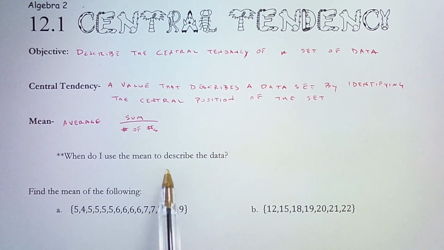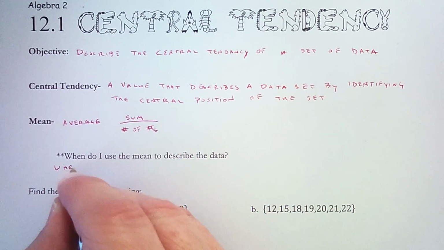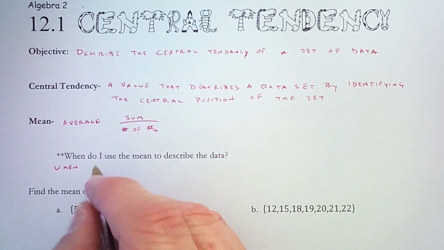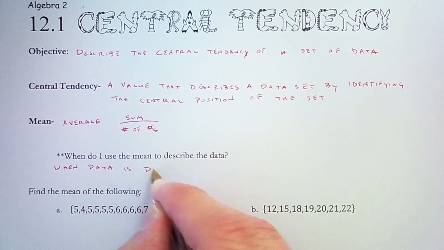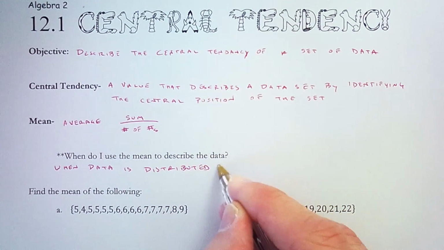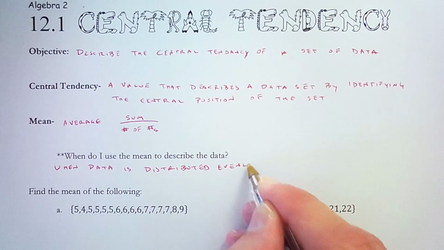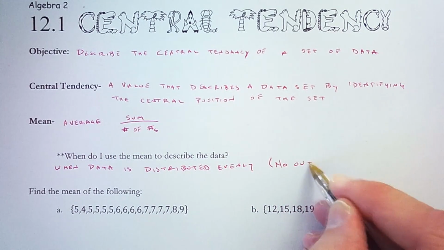When do we use the mean to describe data? We use the mean when data is distributed evenly. And what that really means is that there are no outliers.